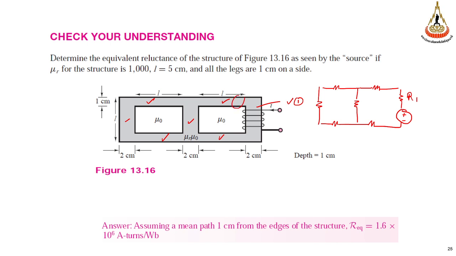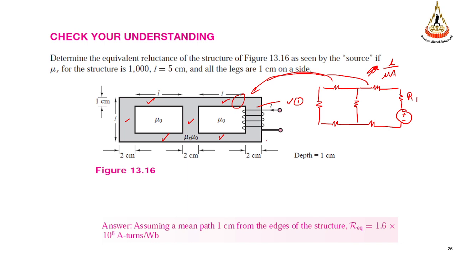So we can calculate the reluctance of each part by L divided by mu A. It's not so difficult, but there are so many things to do, part by part. So I would like you to try this by yourself. It's not homework, but it's practice, okay?